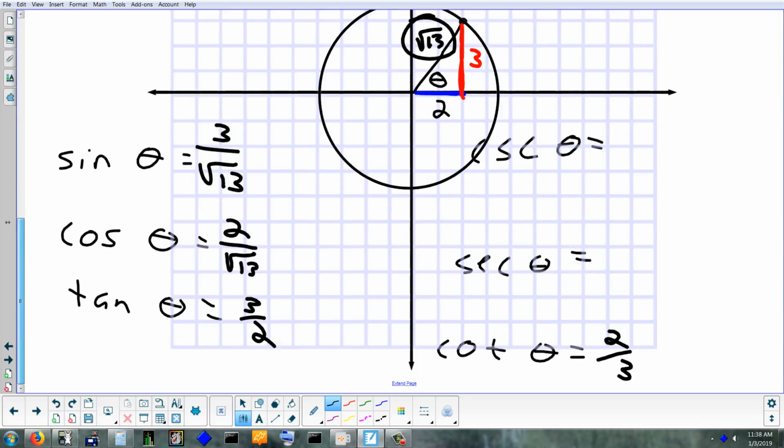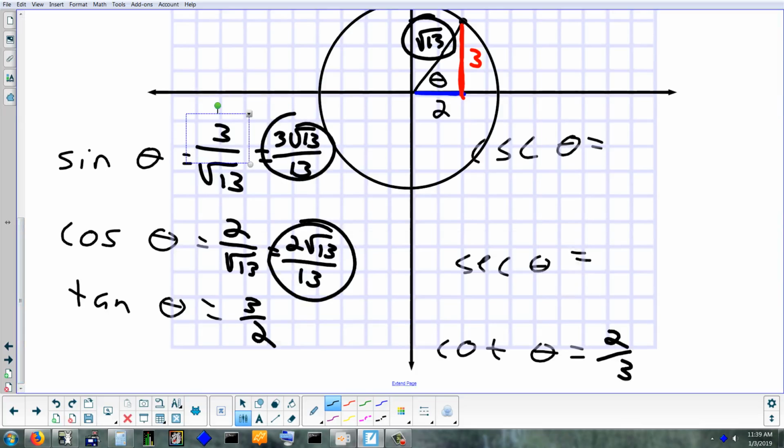And Natalie, can you fix, it doesn't matter, we'll fix the top one for me. 3 root 13 over 13. Yeah, 3 root 13 over 13, and this is 2 root 13 over 13. Now, I left them with the original and the fixed version because it's easier to flip the original when we do cosecant and secant.